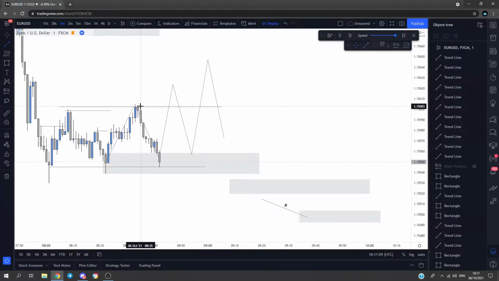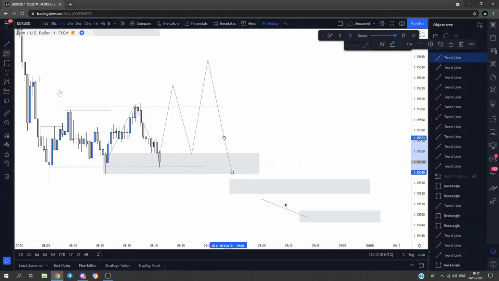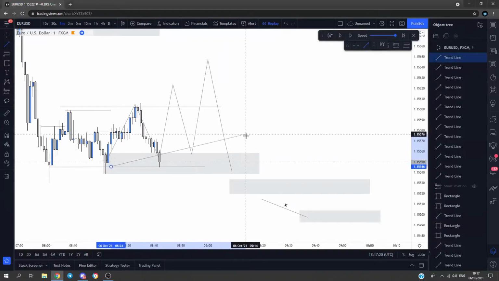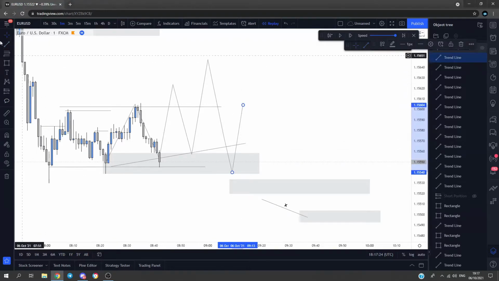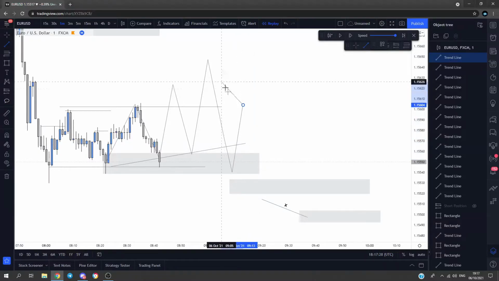Now what would be a confirmation entry for me is if price created bullish order flow, but then came down to sweep liquidity from this potential trend line that's forming, then came up again, mitigated off that zone, in which price came back up after catching liquidity.